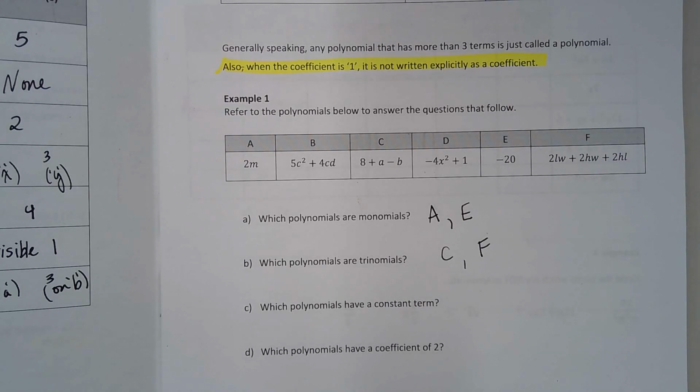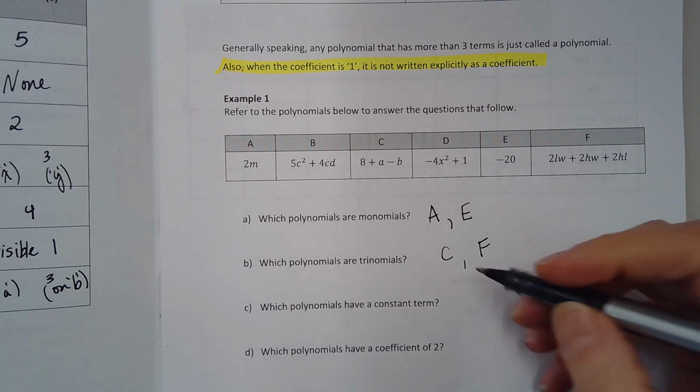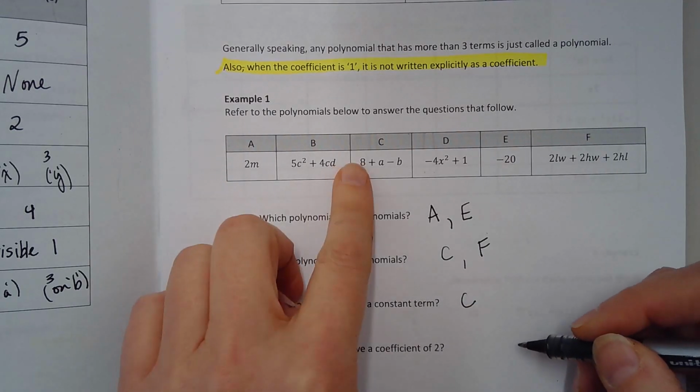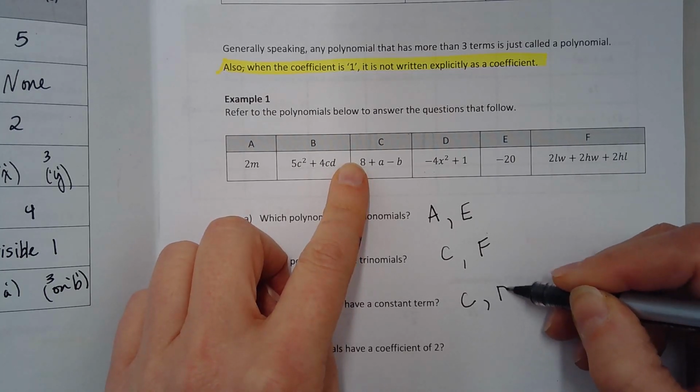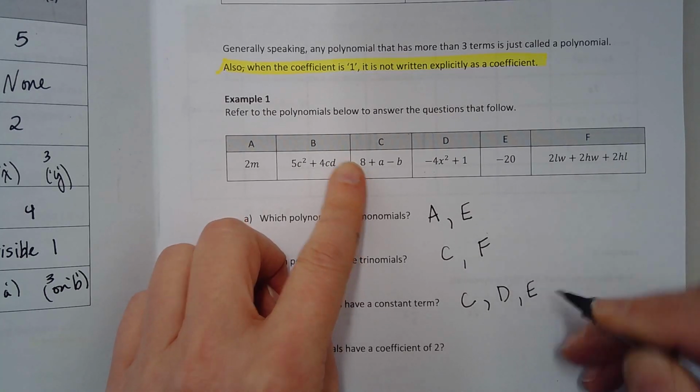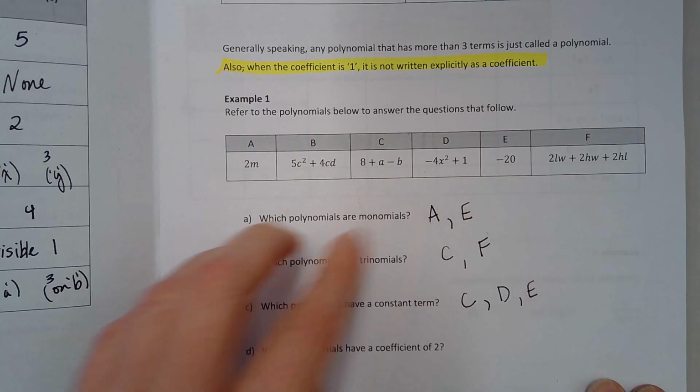Which polynomials have a constant term? Well, E for sure. Any others? I think C does, right, Danielle? It's got the 8. Any others? C, D, and E, right? The 8, the 1, and the minus 20.